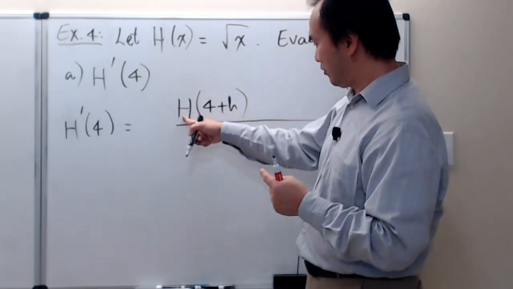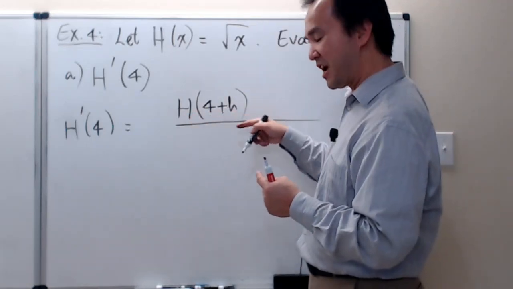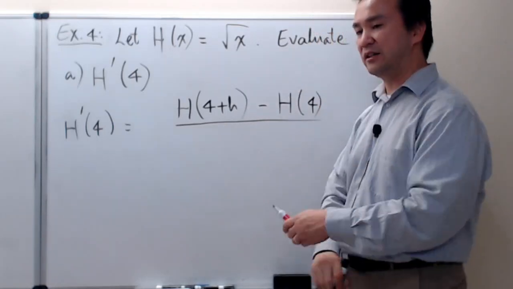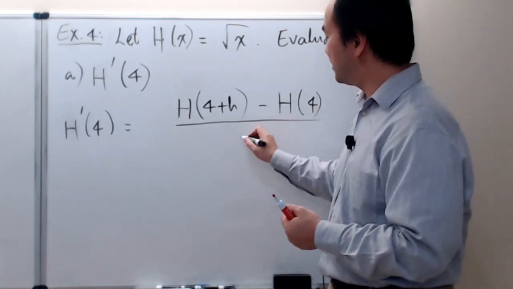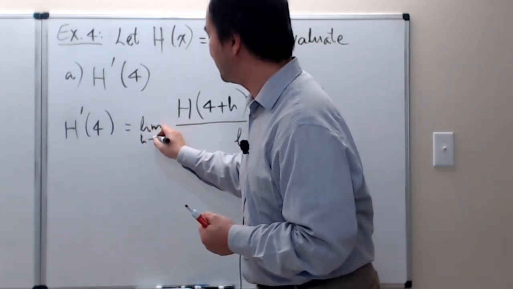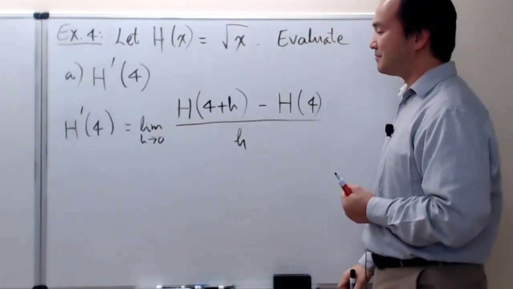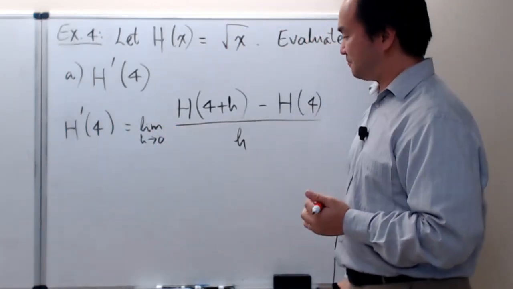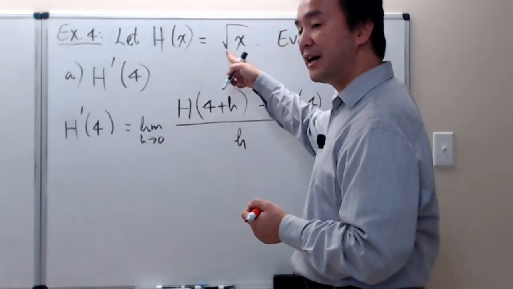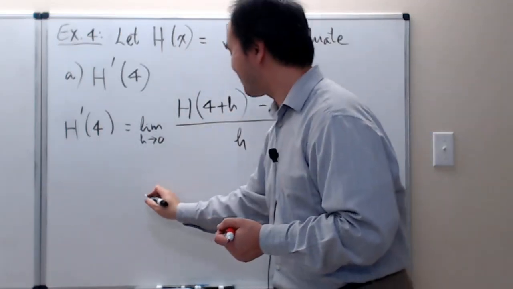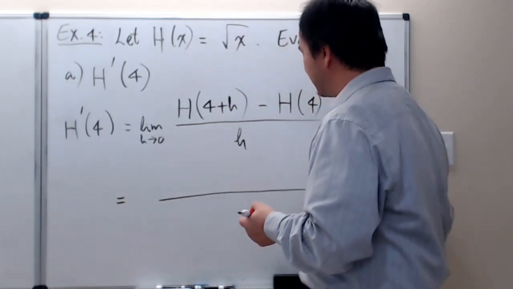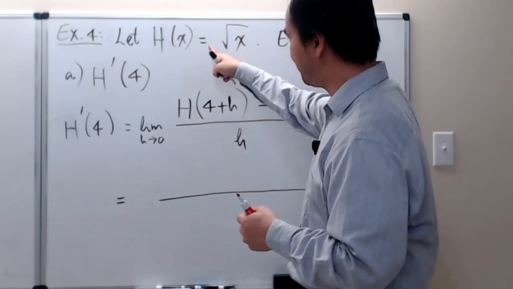So now capital H of 4 plus h minus capital H at 4. This is our difference quotient being set up over h, and we need to take the limit as h goes to 0. Our function capital H is defined as a square root function. Now we're looking at the actual setup where we have our function applied.